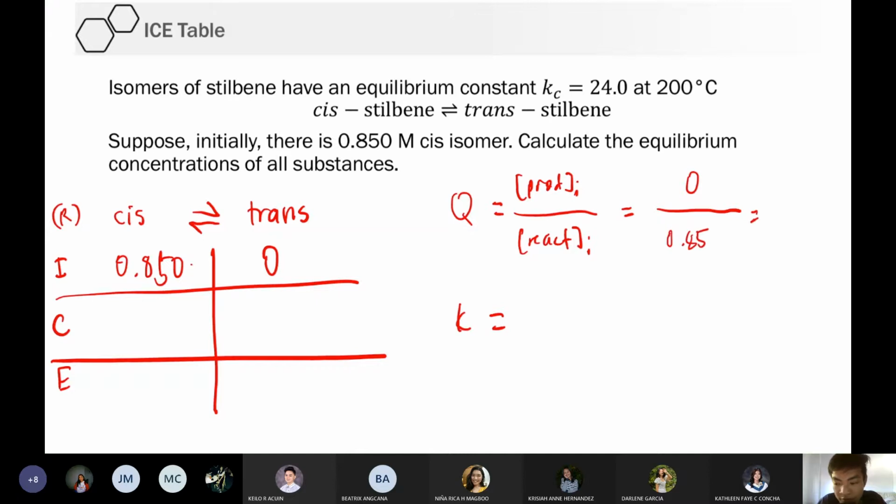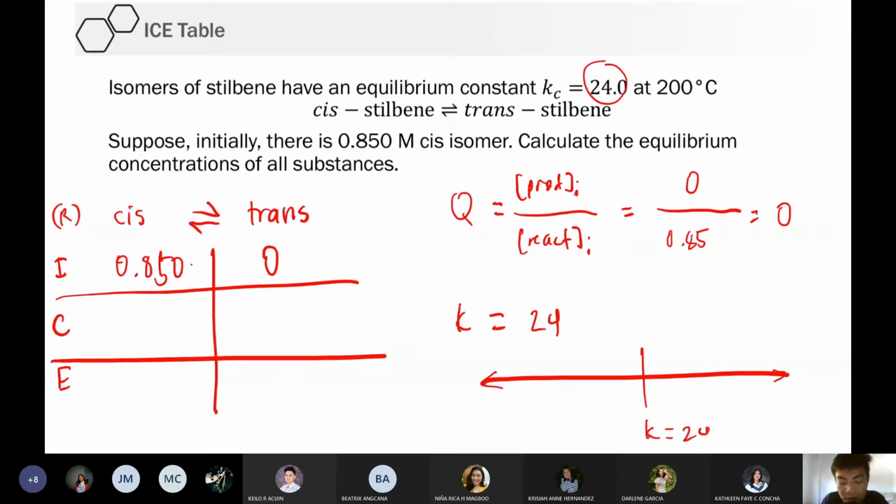So what's 0 divided by 0.85? That is 0, so our Q is 0. However, the value of K is 24. If we compare Q and K, we draw a number line. In the middle, we have K equals 24. That means Q, which is equal to 0, is on the left.